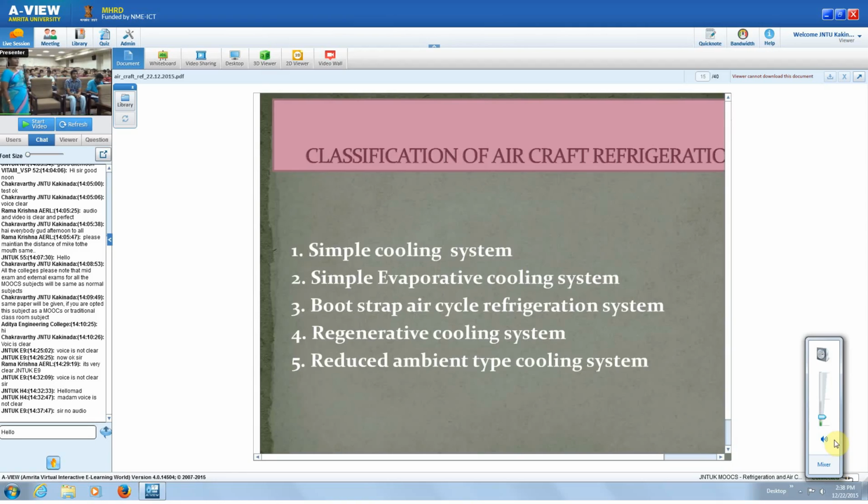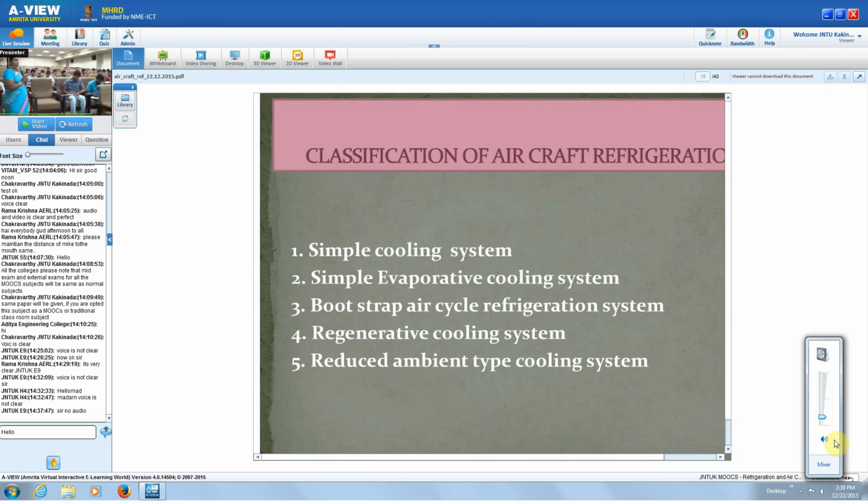Then let us see the various types of aircraft refrigeration. There are 5 types: simple cooling system, simple evaporative cooling system, bootstrap cooling system, regenerative cooling system, and reduced ambient type cooling system. These are the various systems used at different speeds.